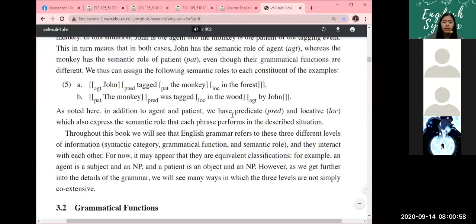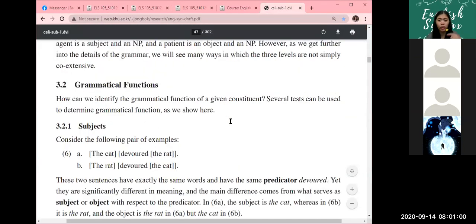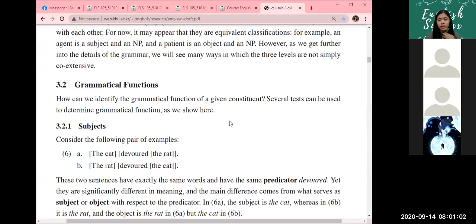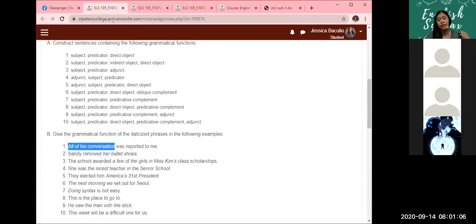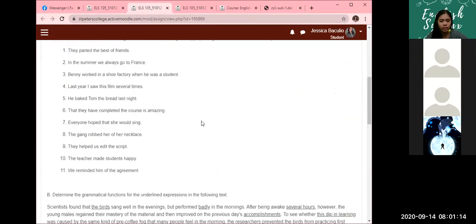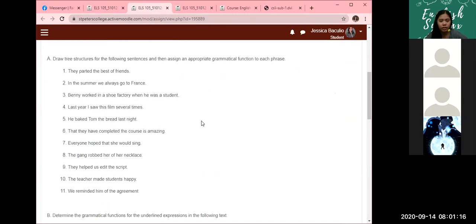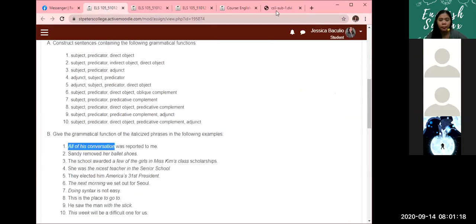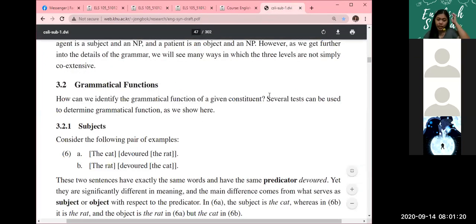Will you discuss that? The one in the assignment? Which one? This one? About the indirect object, adjunct. Adjunct? Yes, ma'am.